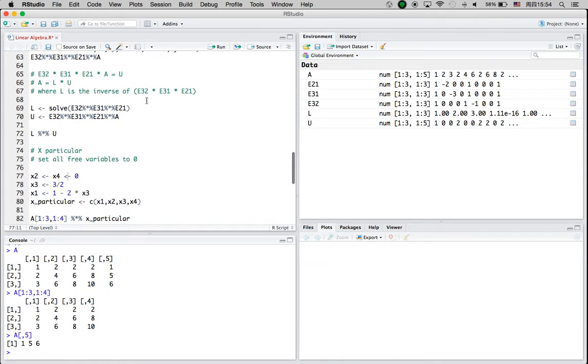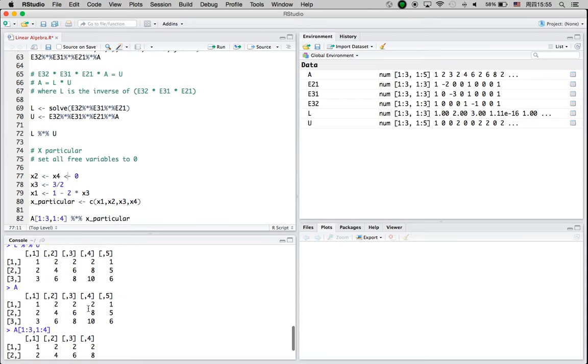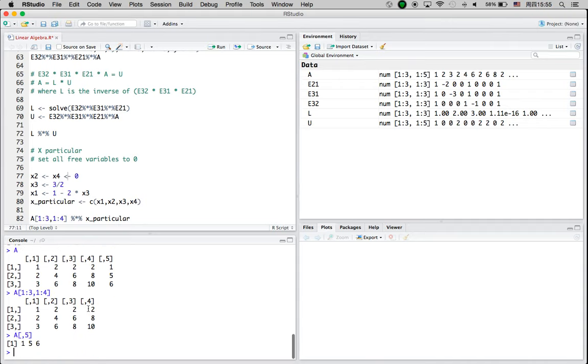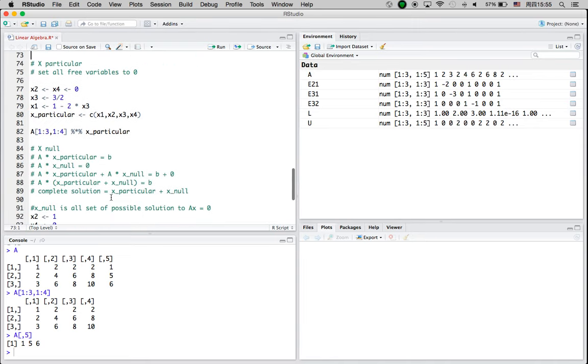Now let's solve this matrix. Since there are more variables than equations, there's no unique solution. There are infinitely many solutions here, but we need to find a way to represent the solution.